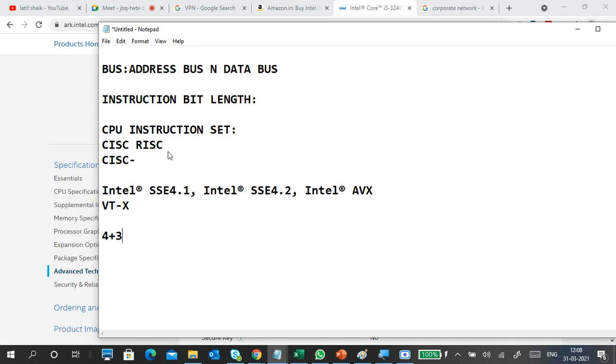So I'm asking the CPU to add 4 and 3. The system will understand the addition function, take the 4 value and 3 value, add them, and produce the result as 7. How will it understand? Because of internal CPU instructions and the external instructions we are giving.